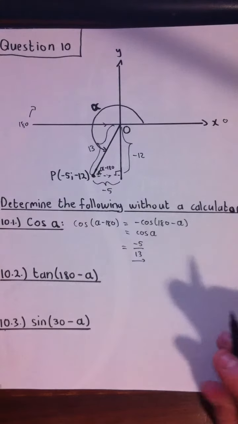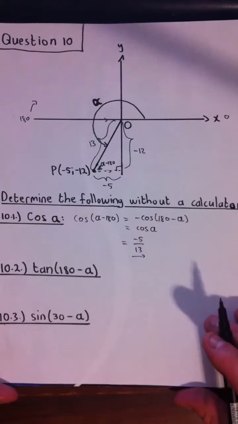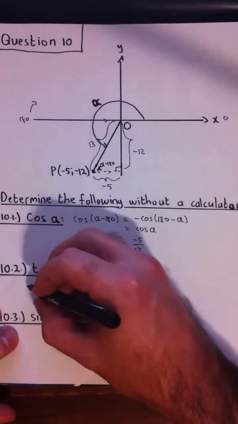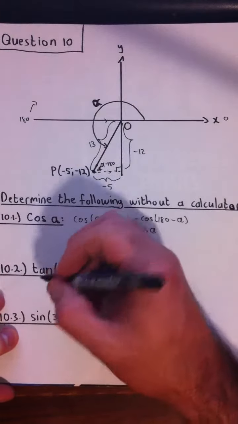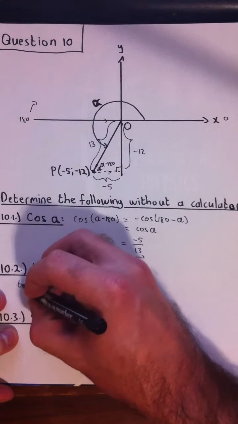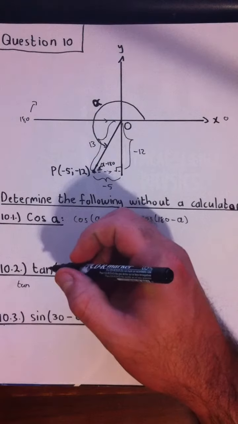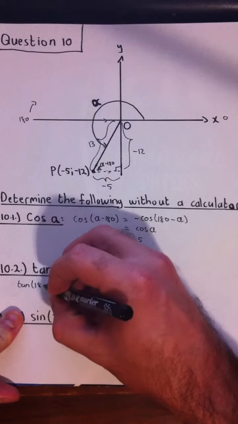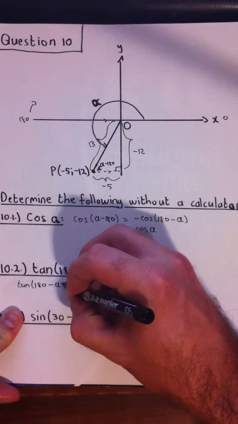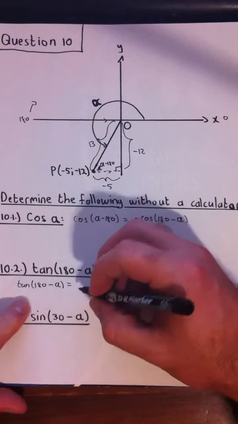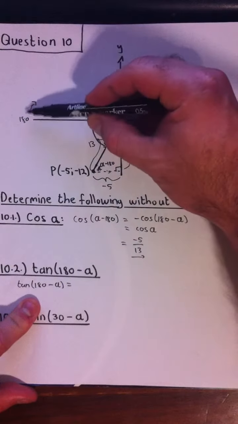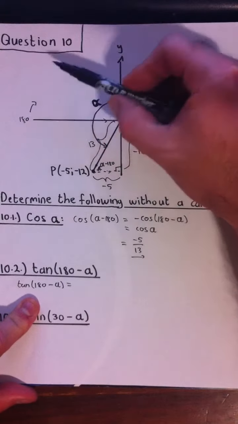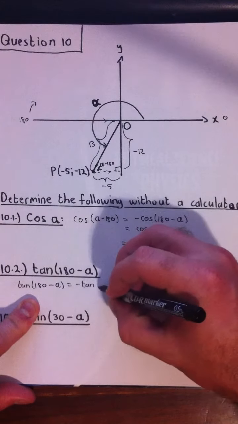That's cosine alpha. Now let's look at tan of 180 minus alpha. We'll start off with a similar process. We'll say again, tan of 180 minus alpha is equal to, again, 180 minus alpha. We're looking at this quadrant, and tan we know is negative in that quadrant. So that'll be equal to negative tan of alpha.